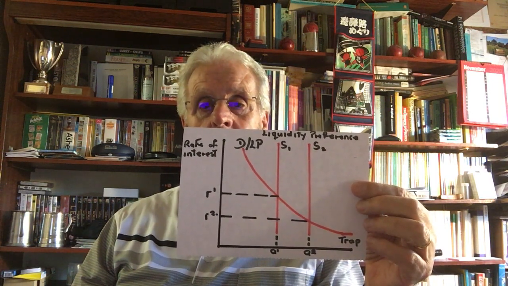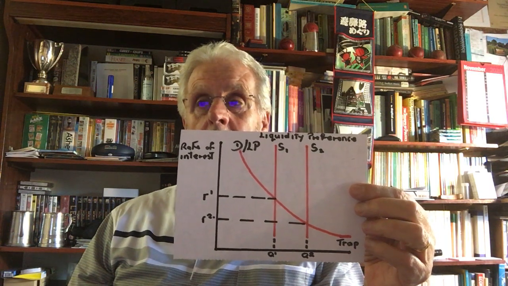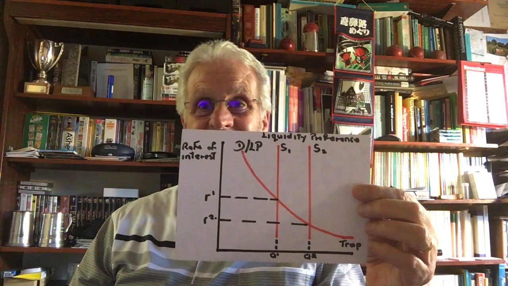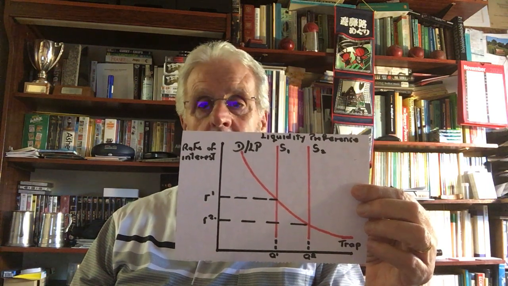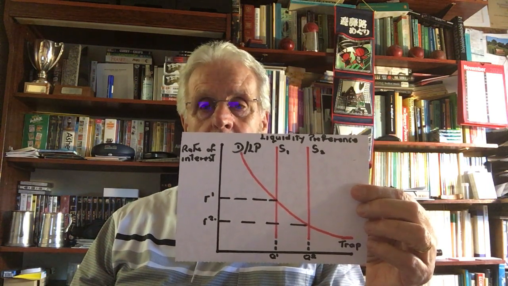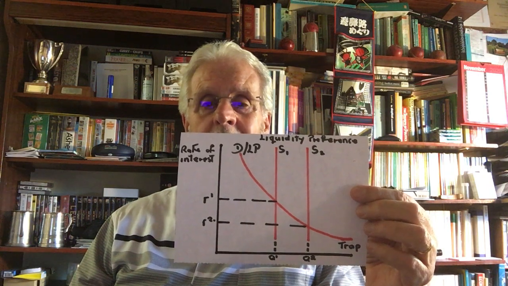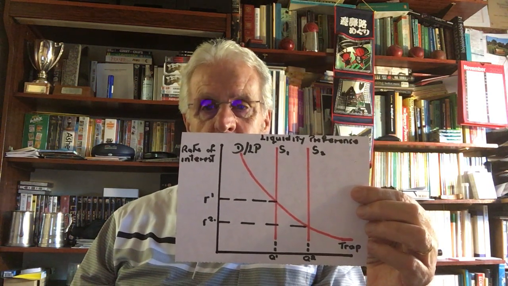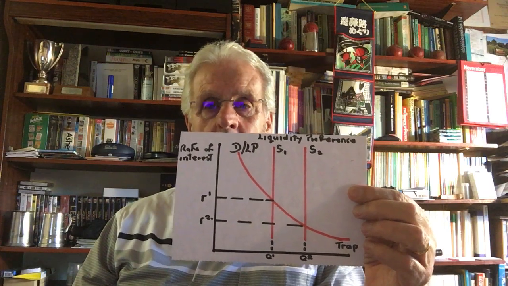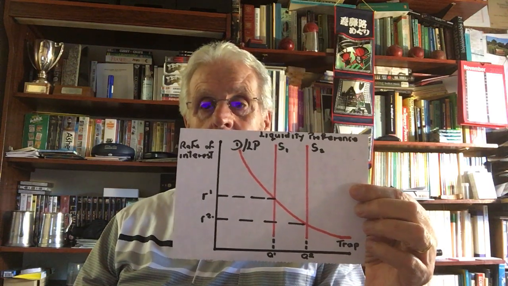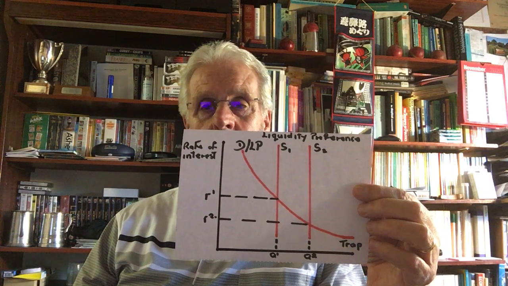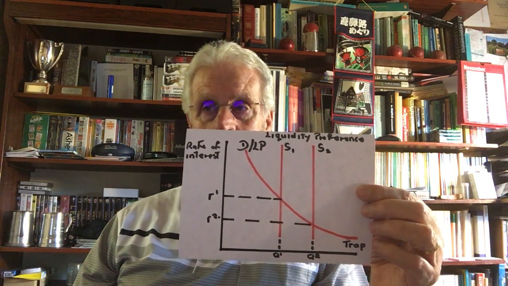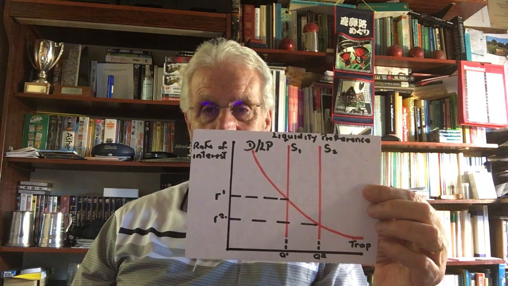What Keynes said was that liquidity preference, people's preference for liquidity, is their demand for money, and it's downward sloping from left to right. In fact, it gets to a point where it levels off and becomes parallel to the horizontal axis, what Keynes used to call the liquidity trap, where you couldn't really get interest rates any lower than that. I'll explain exactly what that means in just a moment.